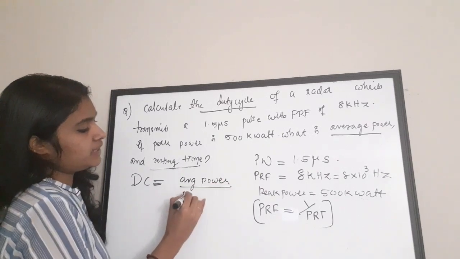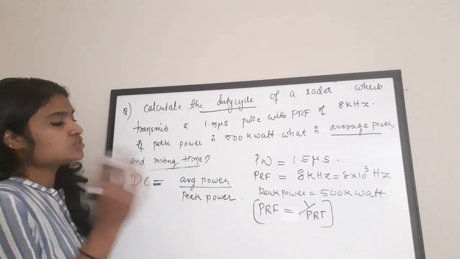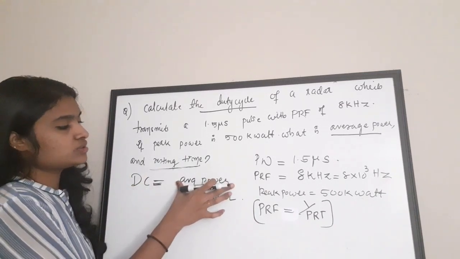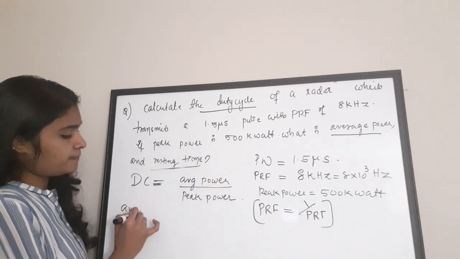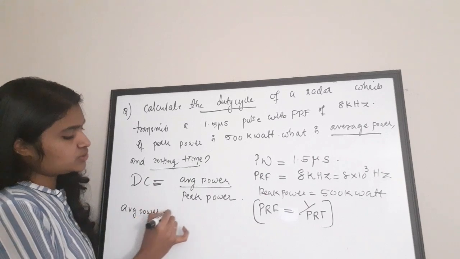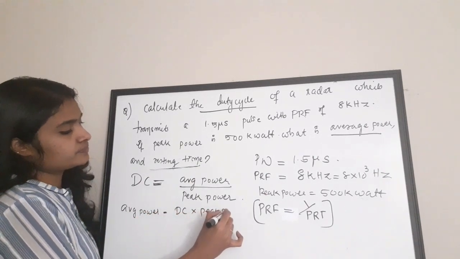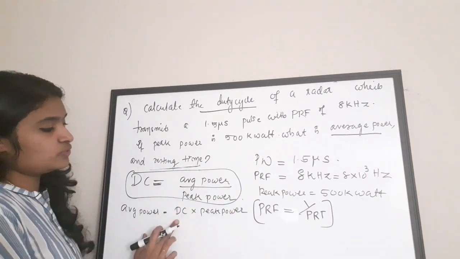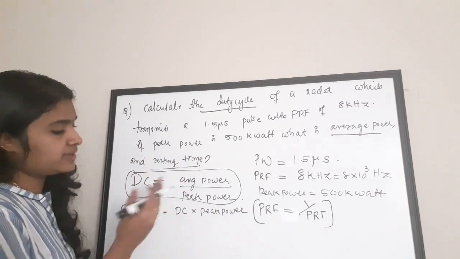So we have the peak power and the duty cycle, so we can substitute and find the value of average power. So average power is equal to duty cycle DC into peak power. You know the value of DC and you know the value of peak power, right? So just substitute the values and find the result.